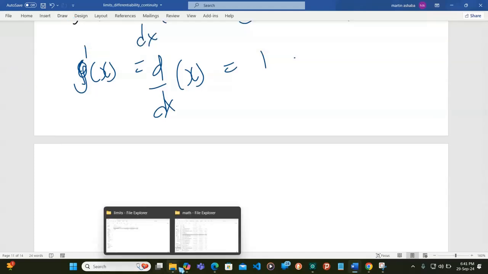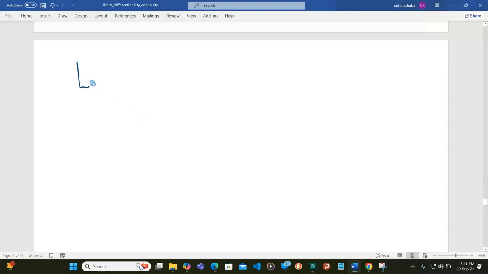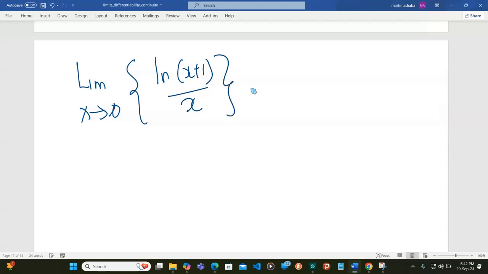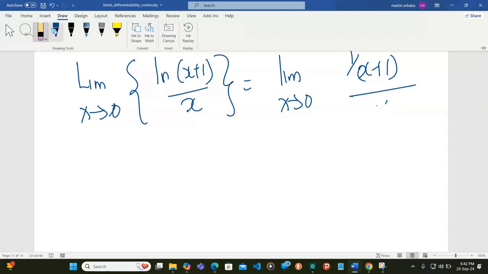So this L'Hopital's rule enables us to finish this. The limit as x tends to 0 of natural logarithm of x plus 1 divided by x will be the same as taking the limit as x tends to 0 of 1 out of x plus 1 divided by the derivative of x, which is 1.